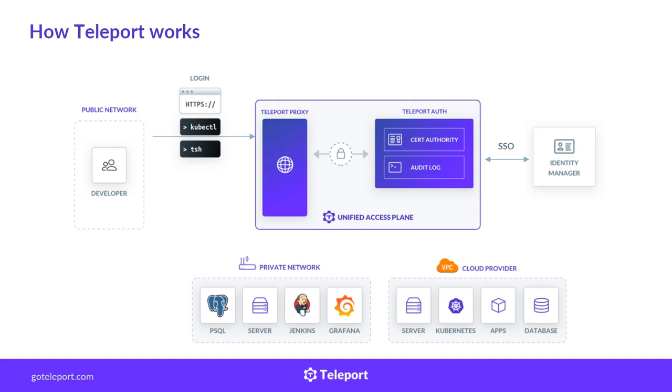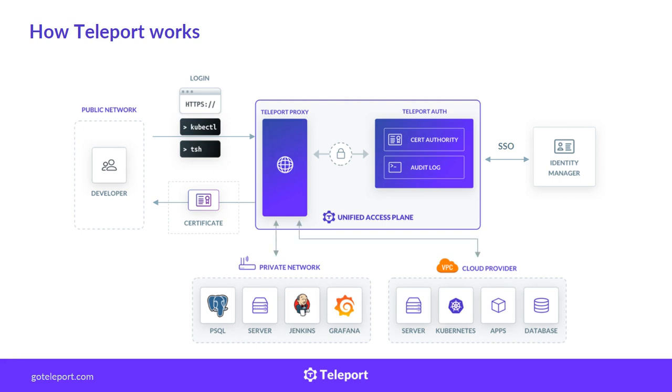Using the traits that come back, such as preferred usernames, and which Kubernetes and databases you should have access to, it can populate that user's role and then issue a certificate that maps to that user's access. Then once that user has that access, they're able to list resources and then specifically access those resources, which Teleport will audit.